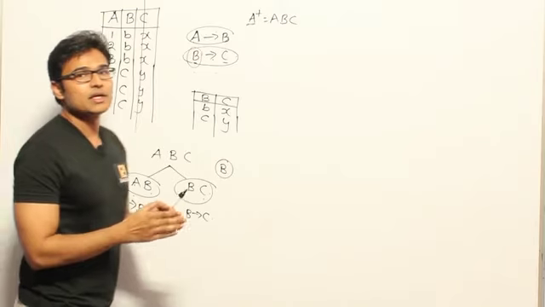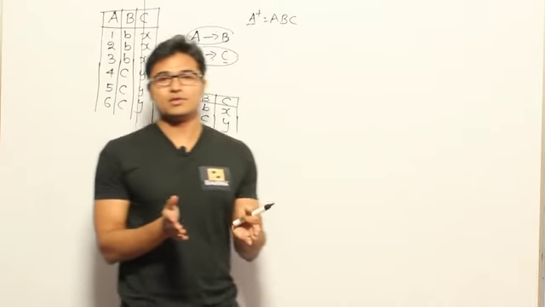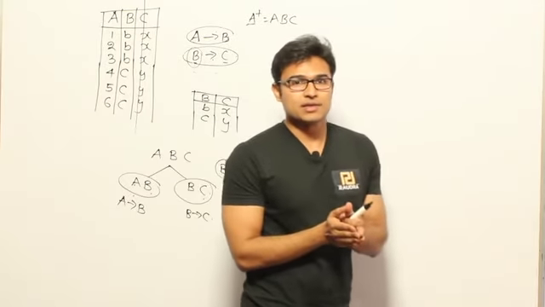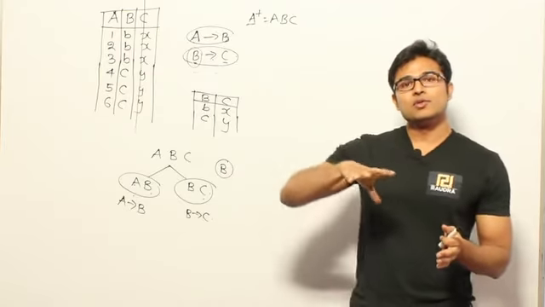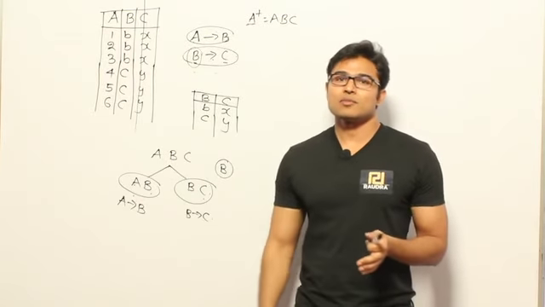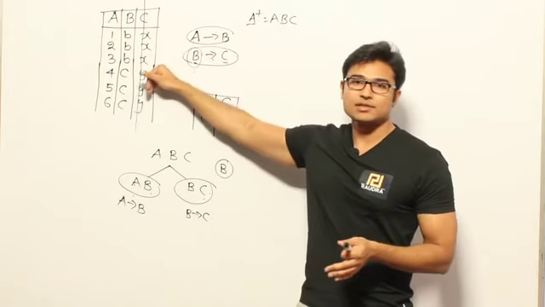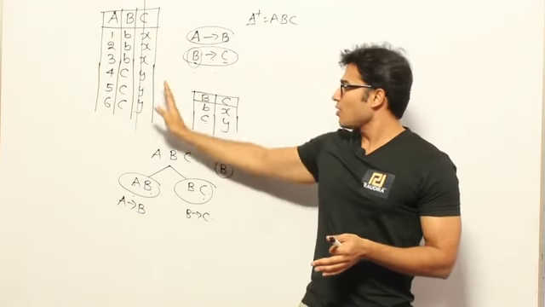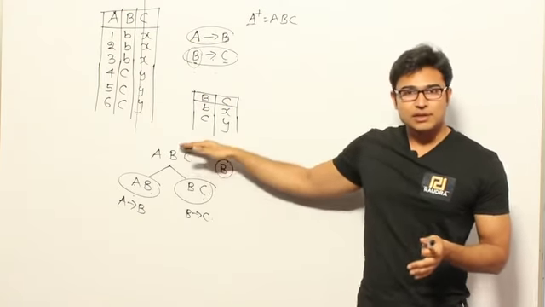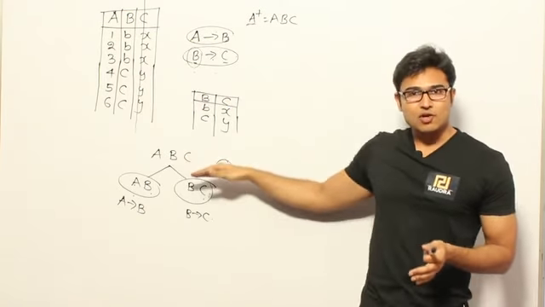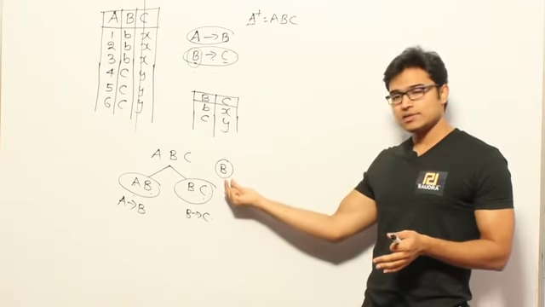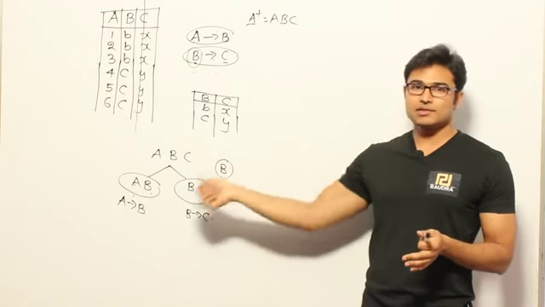So by splitting up the table based on the transitive dependency, the newly formed tables will all be in third normal form, which will reduce the redundancy, right? When you are decomposing into third normal form, it is lossless decomposition and also dependency preserving.